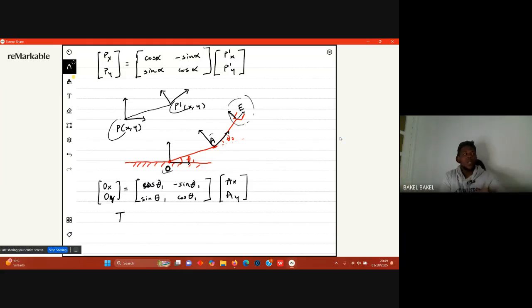transformation, or let's say movements, the translating and the rotation, everything is called transformation.